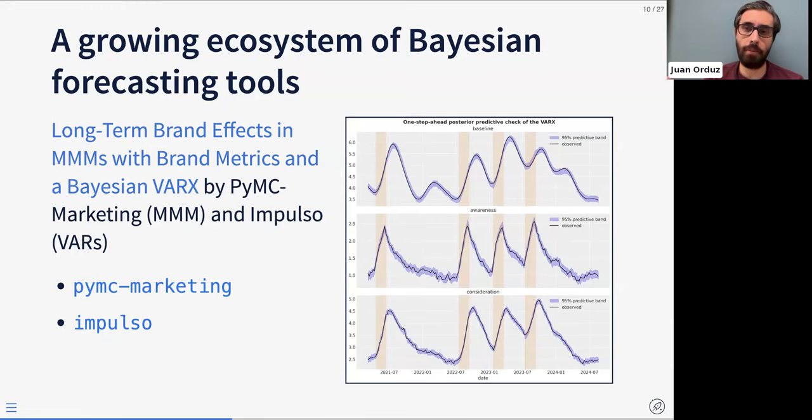And we're making this easy to implement for various reasons. One, PyMC-Marketing is becoming more flexible as a way of building models, but also there's a new, very nice package called Impulso, which brings VAR models built on top of PyMC with a very friendly API. Impulso can be used in a generic PyMC model and in particular in PyMC-Marketing. So please check this example out, because this is exactly the type of work that we're interested in.